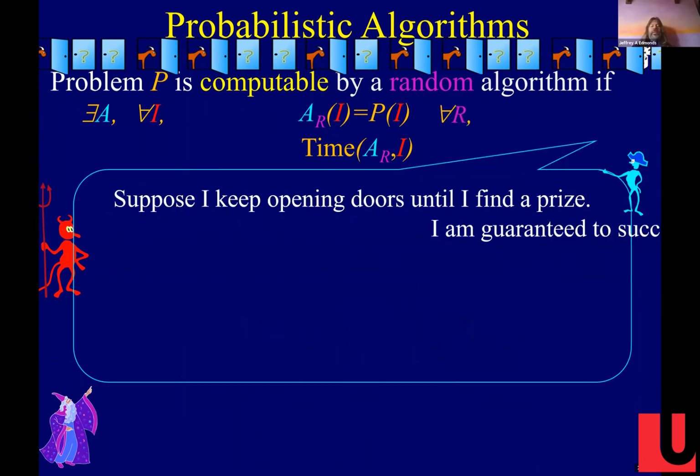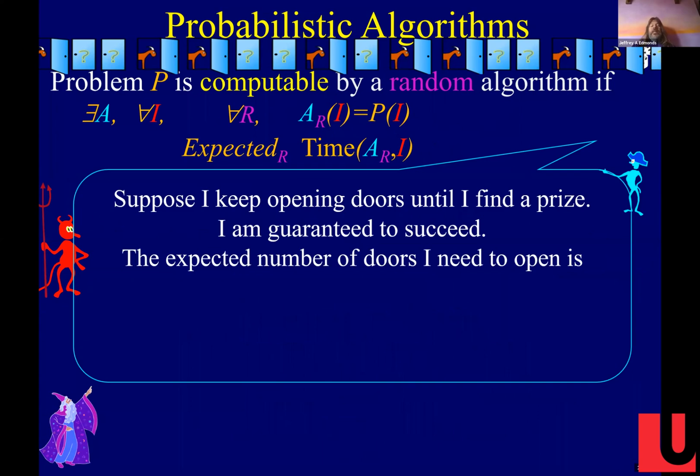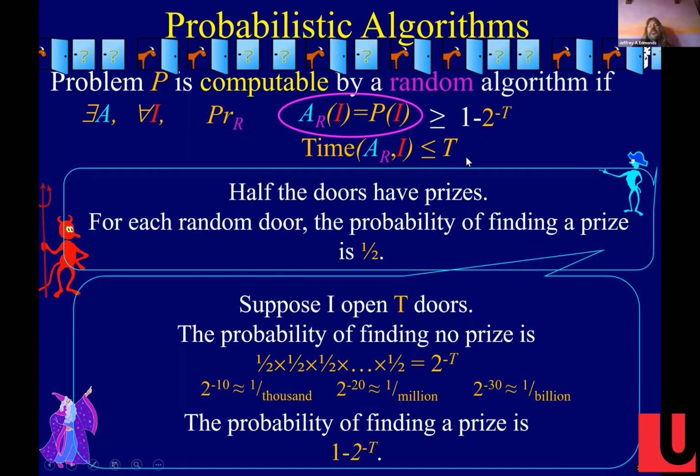Yeah. So in the first one over here, we only open T doors. So the time is definitely at most T, but there's some probability after T doors, maybe T is only 10. Maybe we have lots and lots of doors, but we only open up 10 of them.